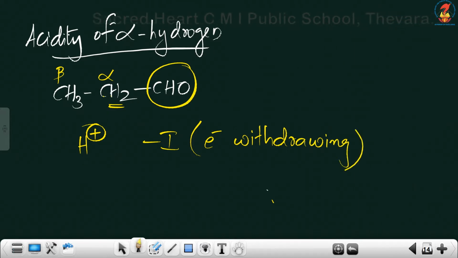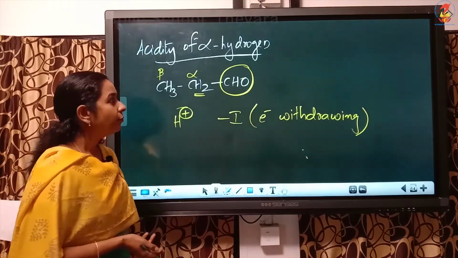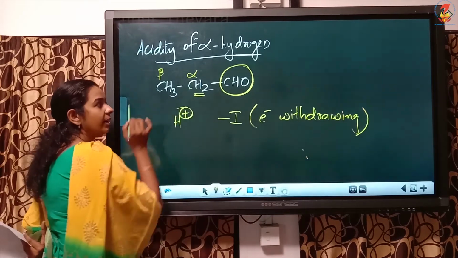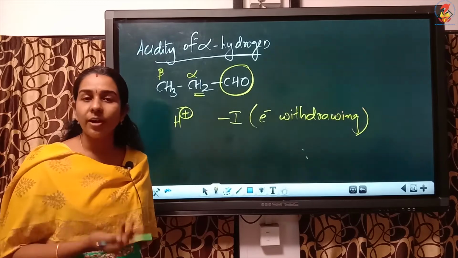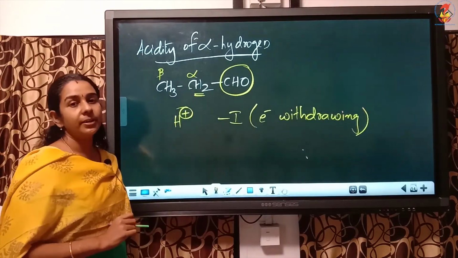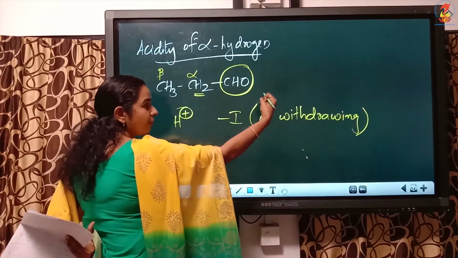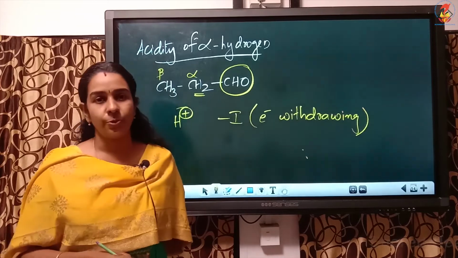So, due to the minus I or electron withdrawing nature of aldehyde or carbonyl group, what happens? This alpha hydrogen can be easily released as H plus, because alpha hydrogen is the hydrogen on the adjacent carbon. So, due to this withdrawing effect, hydrogen can be easily released as H plus ions.